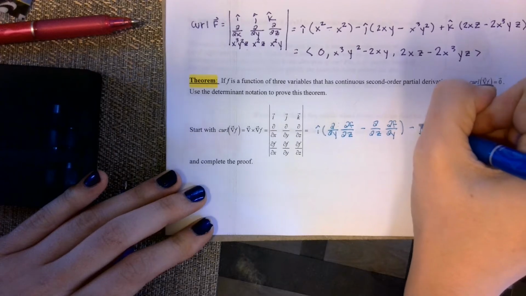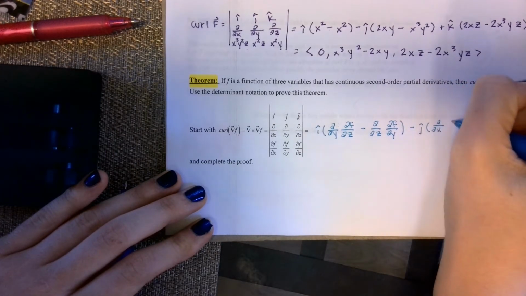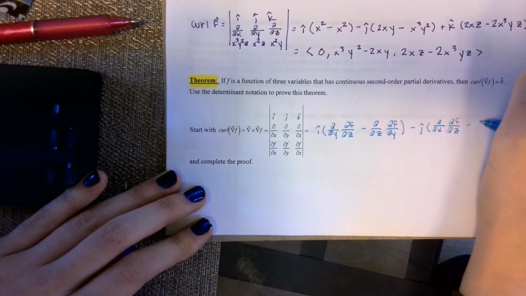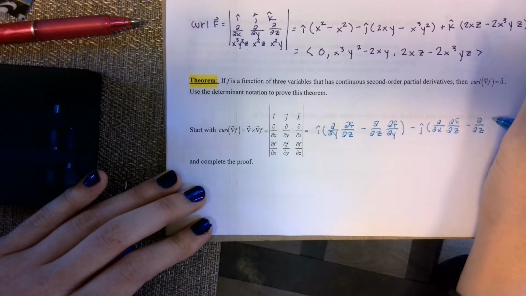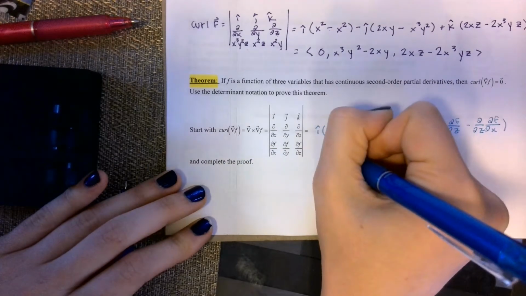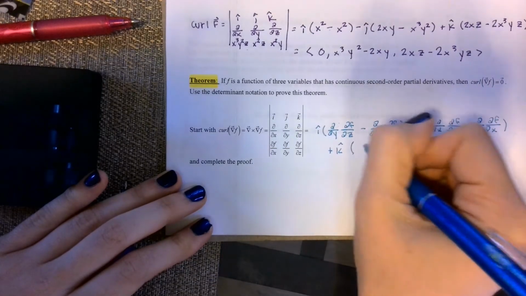Subtract the j component. And as you go through this, you should notice that each time, even though it's in a different order, you are getting the same partial derivatives. Let me just add on k down here. Last one.